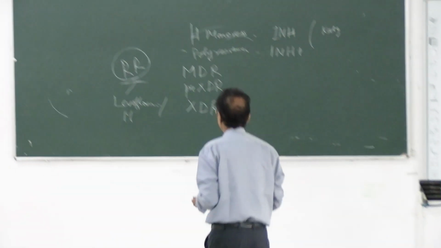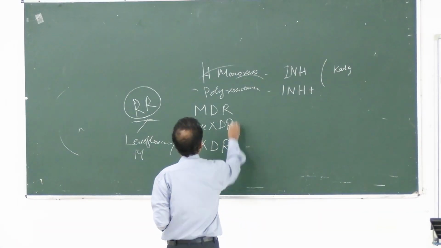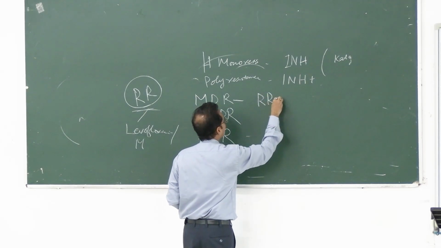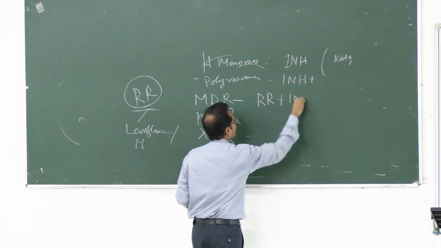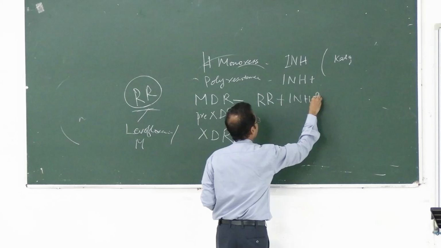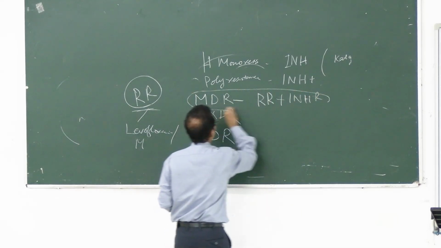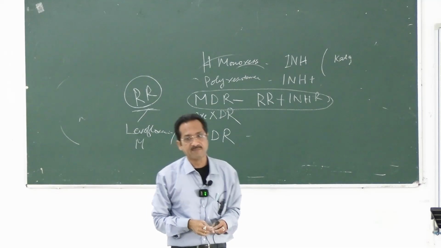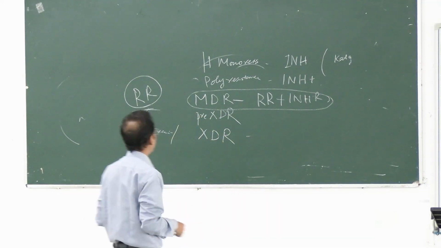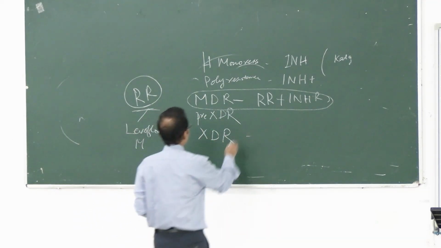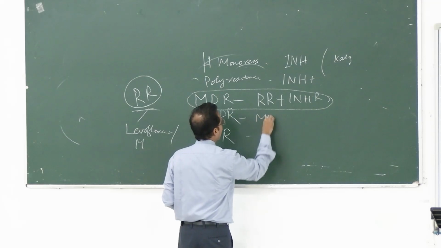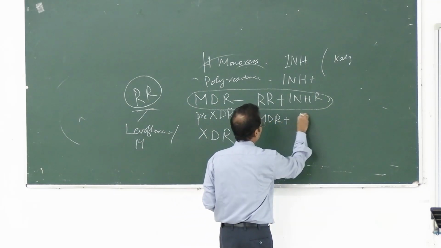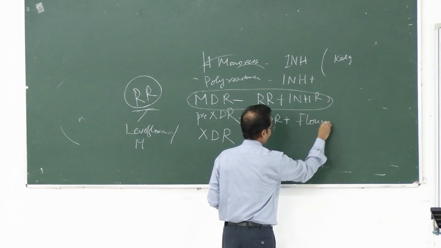Now what is MDR? It is the same as it was previously. It is resistance to rifampicin and INH. Resistance to both rifampicin and INH is MDR-TB. Now what is pre-XDR? It is MDR plus resistance to any fluoroquinolone.